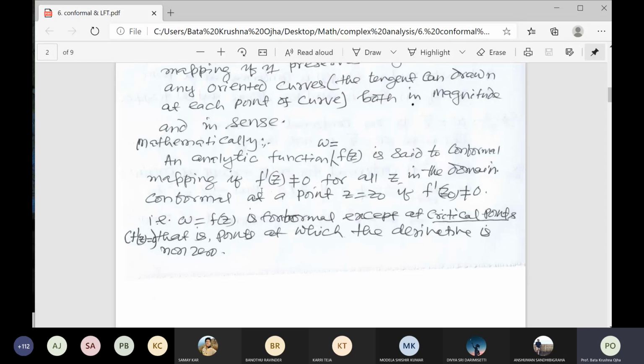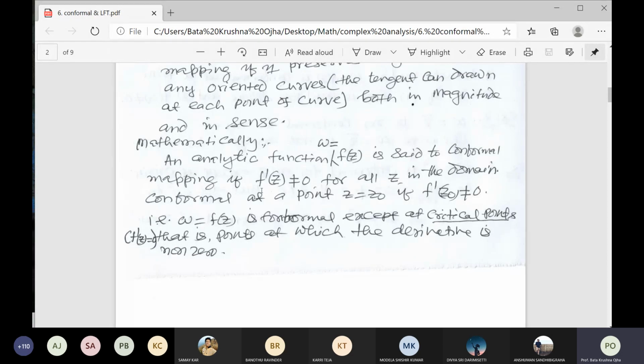Then the mapping is said to be conformal at the point z equal to z0. That means we exclude the critical points. An analytic function is conformal everywhere besides the critical points. Suppose I say f of z is equal to 1 by z. You know this mapping is not analytic at z equal to 0, right?